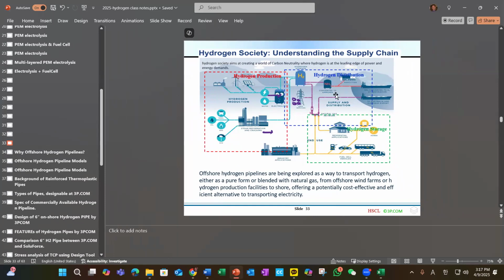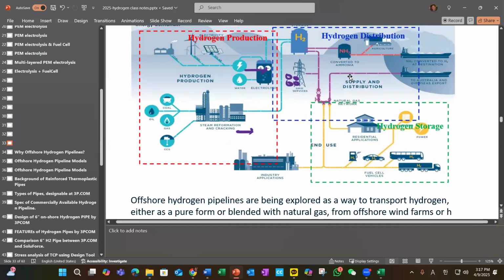This is what we'd like to cover. There could be several different ways of distributing hydrogen. We can convert to ammonia, NH3, especially for shipping. And once we arrive in a port, we can convert this ammonia back to hydrogen.